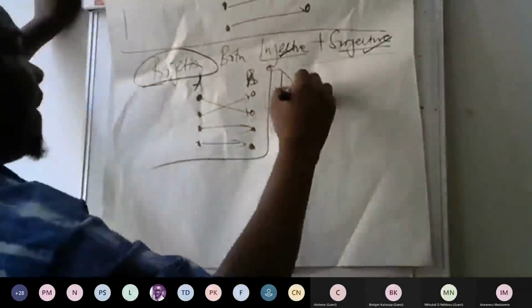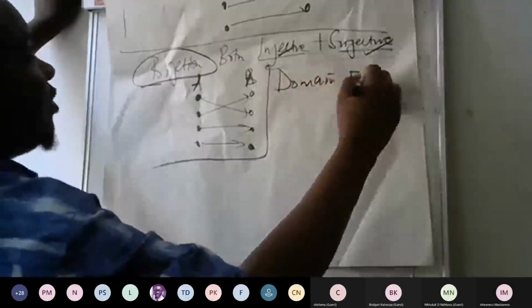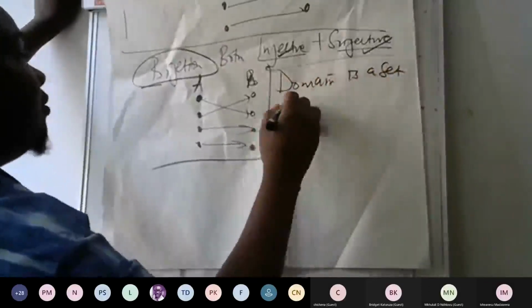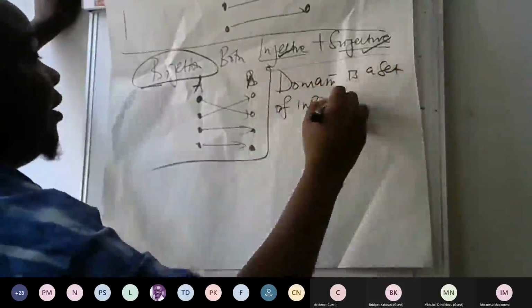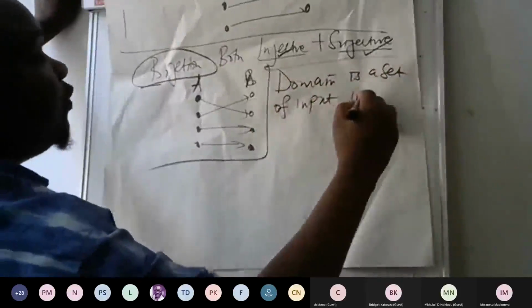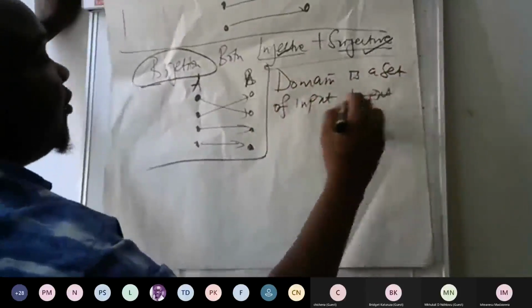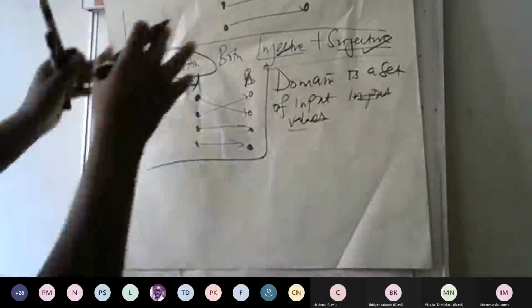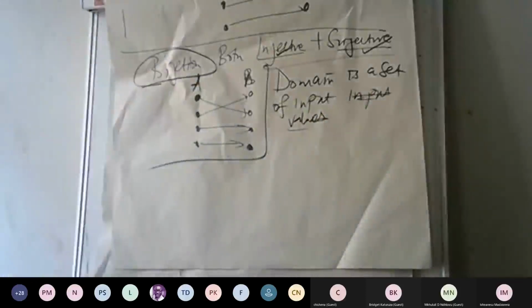So your domain is a set of input values. Your domain is a set of input values. The values that you put into a function, and that function still remains a defined function or a function within acceptable parameters, right? Then you can have your range.